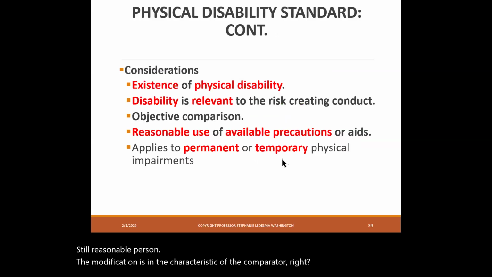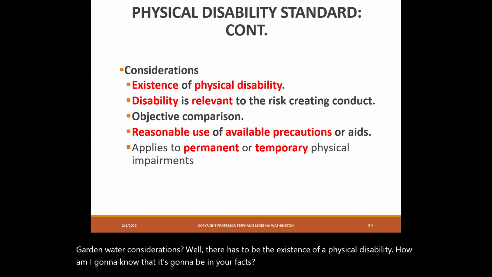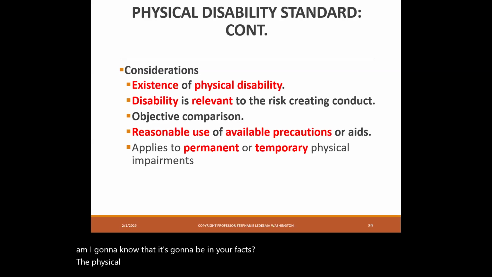Got it? What are the considerations? Well, there has to be the existence of a physical disability. How am I going to know that? It's going to be in your facts. The physical disability must be relevant to the risk creating conduct. The physical disability has to be connected to the risk creating conduct.